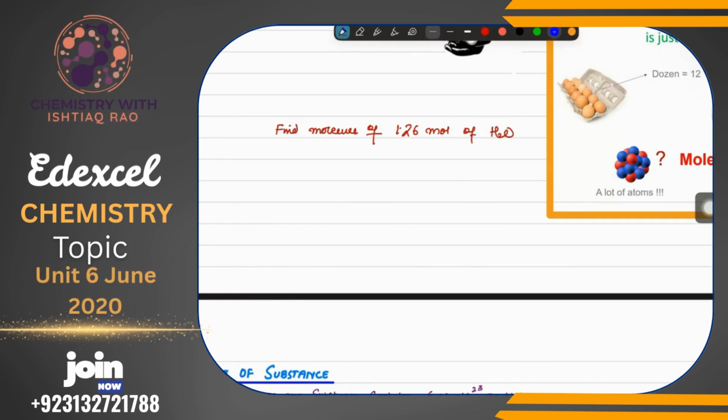You can say that one mole contains this many particles. So how many particles would I have if I have this many moles? In this way you can solve it, right? So X is equal to what? That would be your answer, isn't it? It's easy.